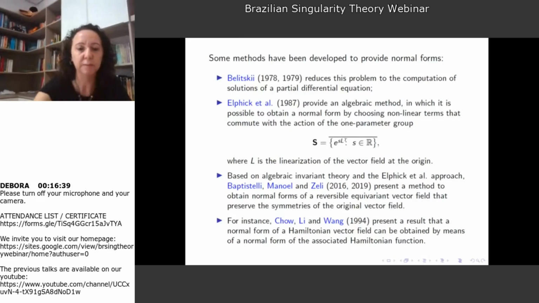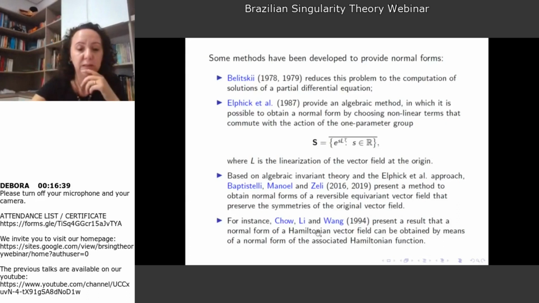And Baptistelli, Manoel and Zeli used the theory of algebraic invariant theory with the approach of Elphick et al. in order to present a method to obtain normal forms of a reversible equivariant vector field, for any vector field that preserves the symmetries of the original vector field.